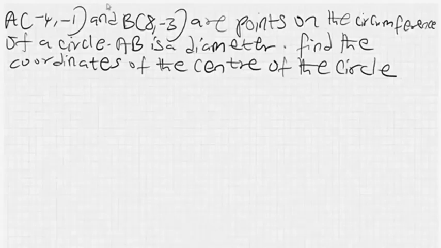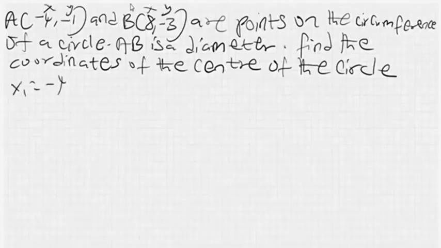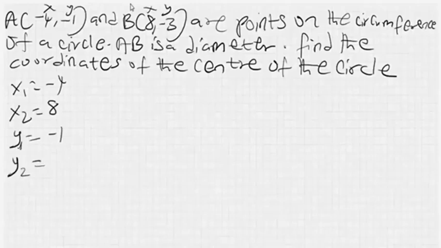Now, let's get our X and Y points. So these are X, these are Y, these are X, these are Y. So now from here, our X1 is -4, our X2 is 8, our Y1 is -1, our Y2 is -3.